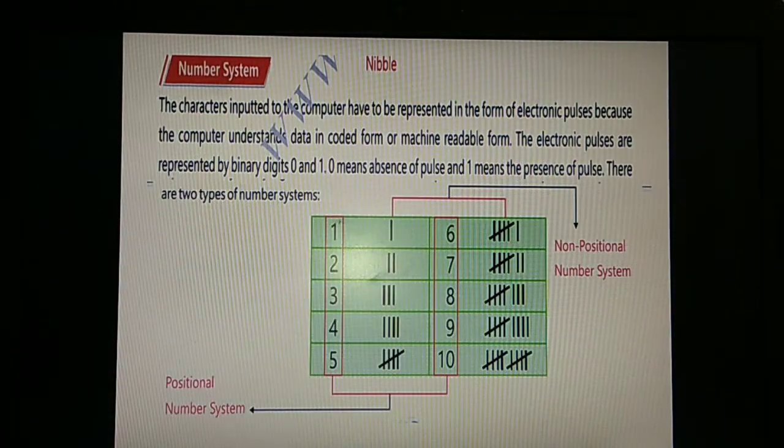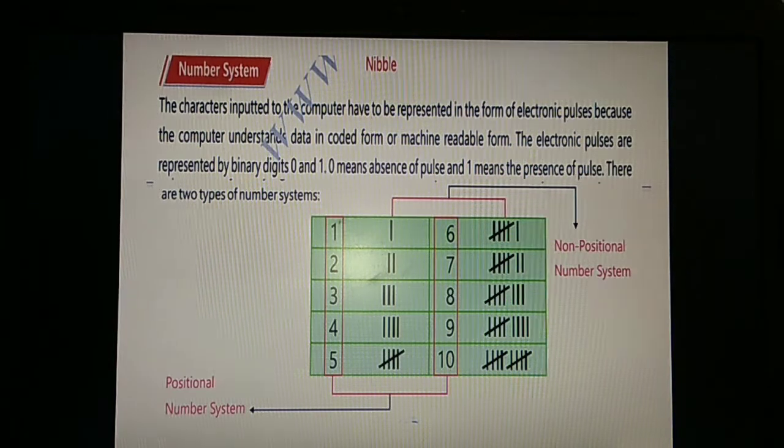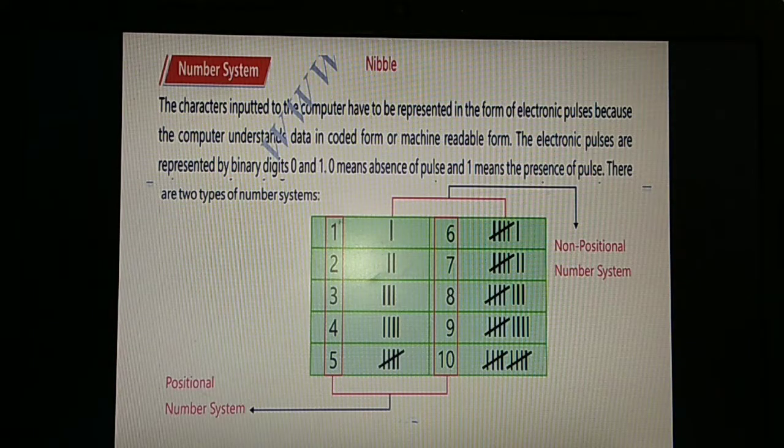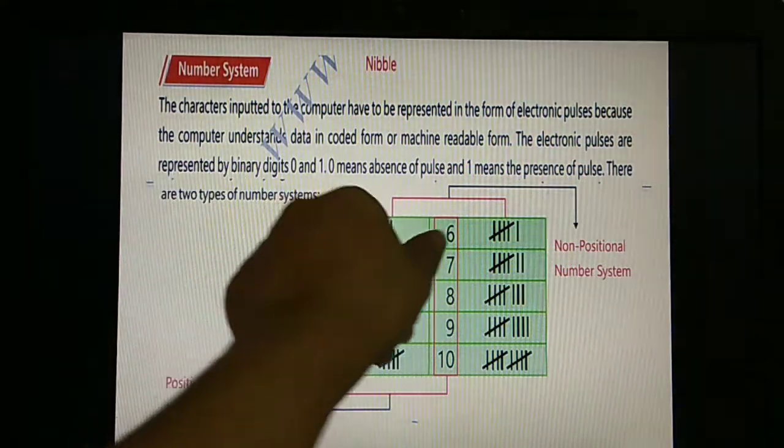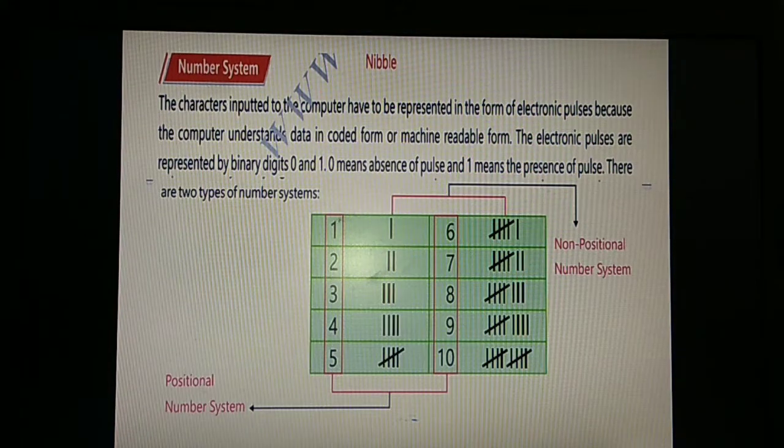What is base, how you are doing calculation, we will look into in the next slides. We will solve sums also later on, but here you just understand that the positional number system has been considered as a base of the number system depending on the weightage of the value.